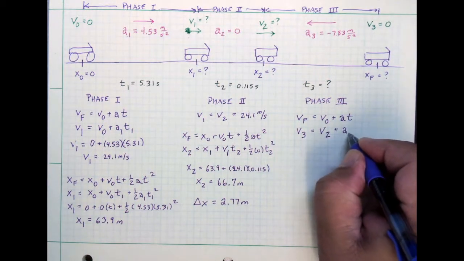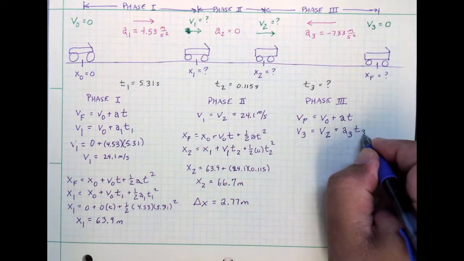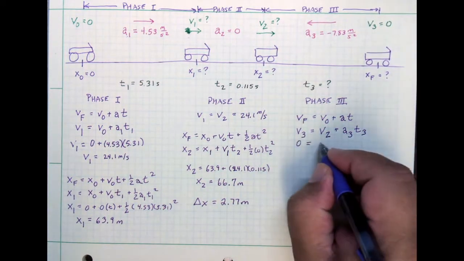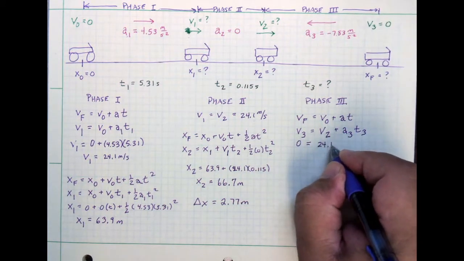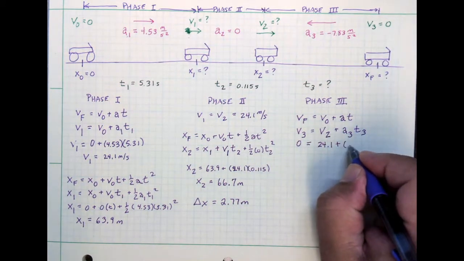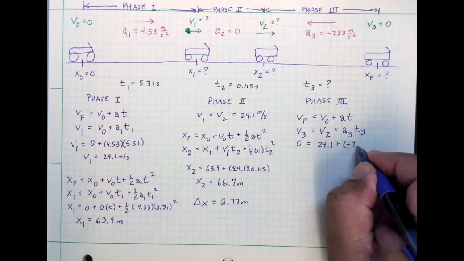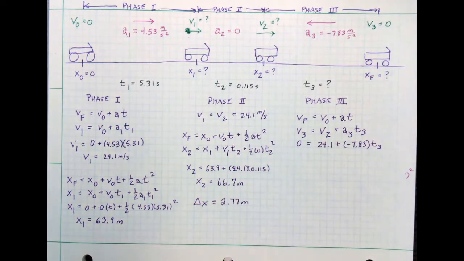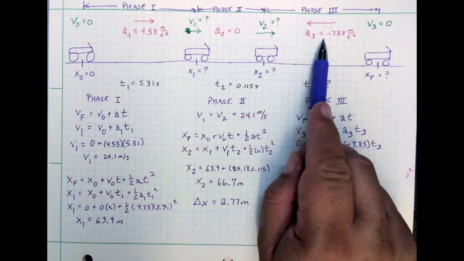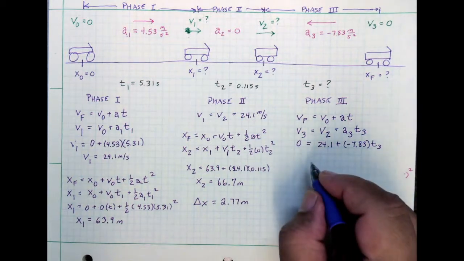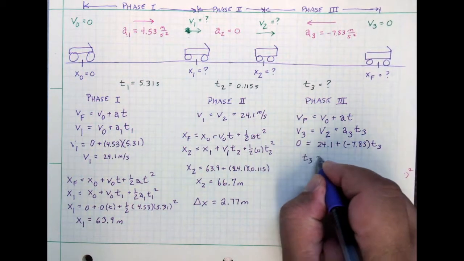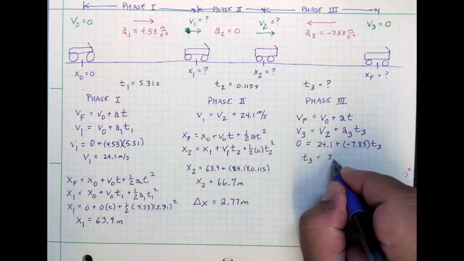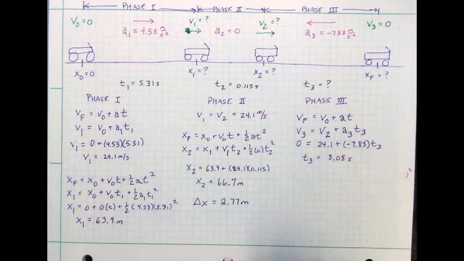The acceleration is going to be A3, and the time is T3, what we're asked to find. The final velocity is 0. The initial velocity is 24.1. The acceleration is negative 7.83. That negative sign is highly important because it tells us the direction of the acceleration. Solving this equation, we get that the time to come to a stop is 3.08 seconds.